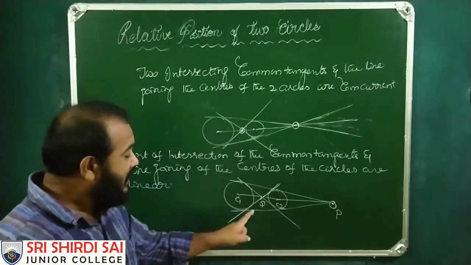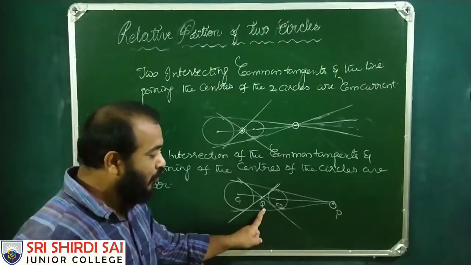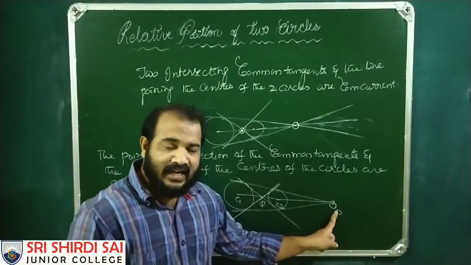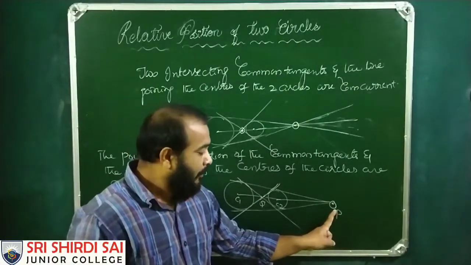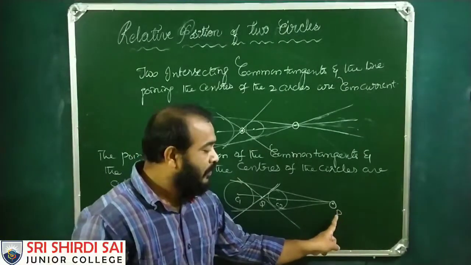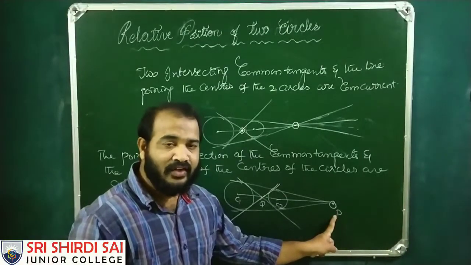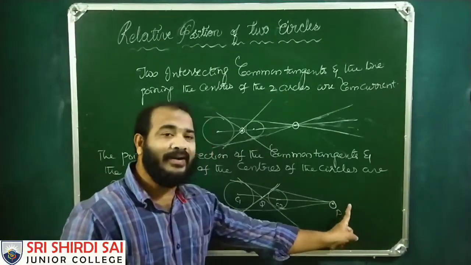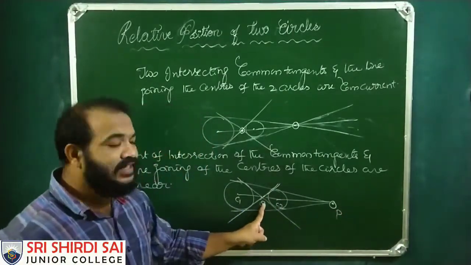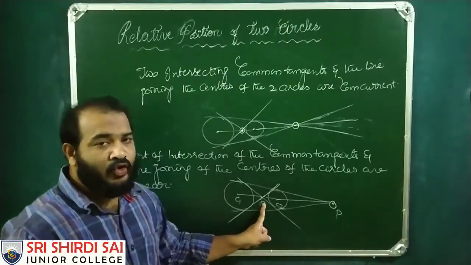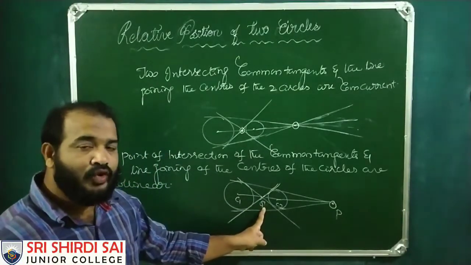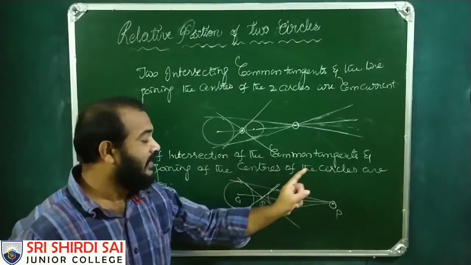Q is the internal center of similitude. P is the external center of similitude, which is the result of two direct common tangents. Q is the internal center of similitude, which is the result of two transverse common tangents.